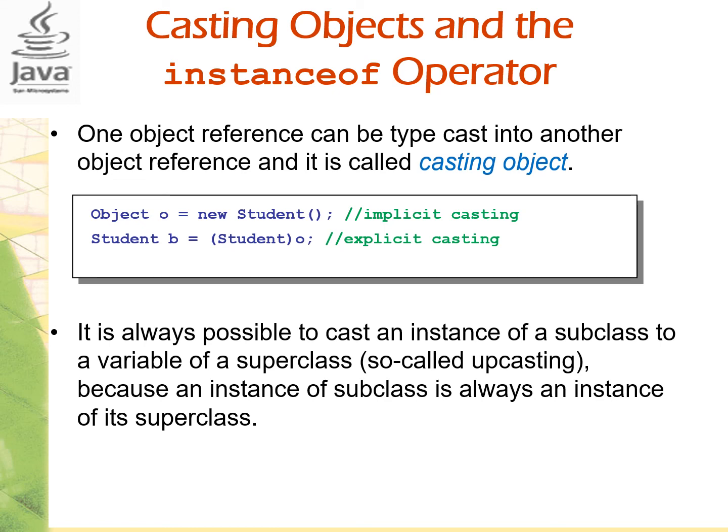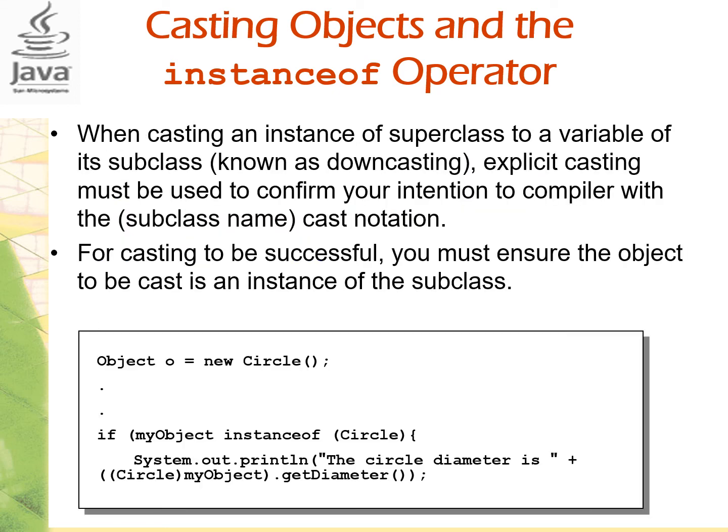But the one that comes after that is called downcasting. When casting an instance of a superclass, it's actually a superclass, but you want to assign it to a variable of a subclass. You want to assign a superclass variable to a variable of a type of a subclass, which is the other way around. This is called downcasting.